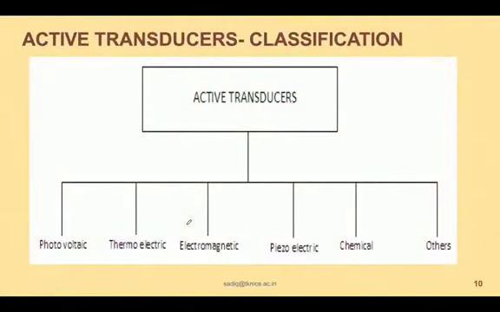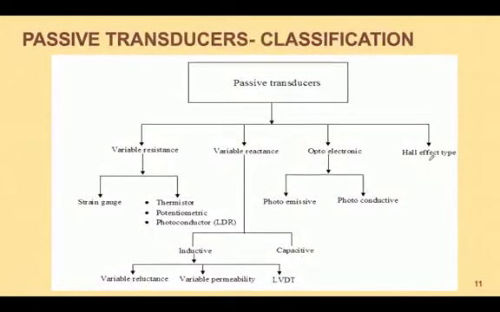Active transducers, a few examples are photovoltaic cells, thermoelectric transducers, electromagnetic devices, piezoelectric devices, etc. For passive transducers, we have a few examples like variable resistance type, variable reactance, optoelectronic type of passive, etc. Hall effect type is also an example for passive transducer.